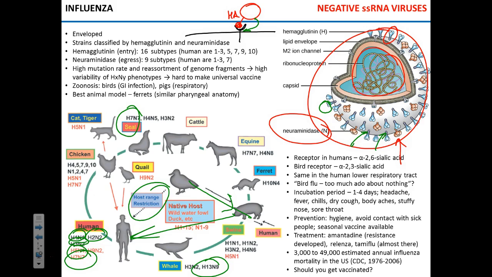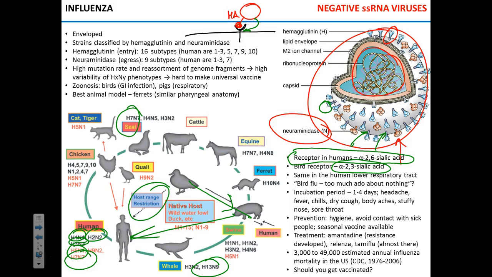So let's talk about receptors. Humans have a receptor for influenza, which is called alpha-2,6-sialic acid. Birds, in the gastrointestinal tract, have alpha-2,3-sialic acids. Those receptors, although similar, are not identical.